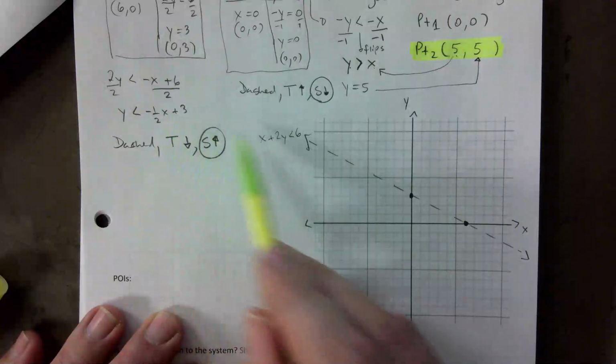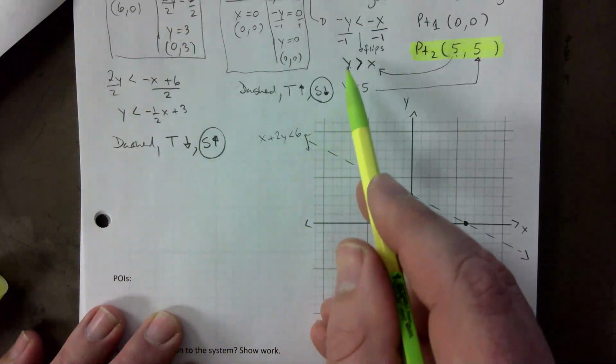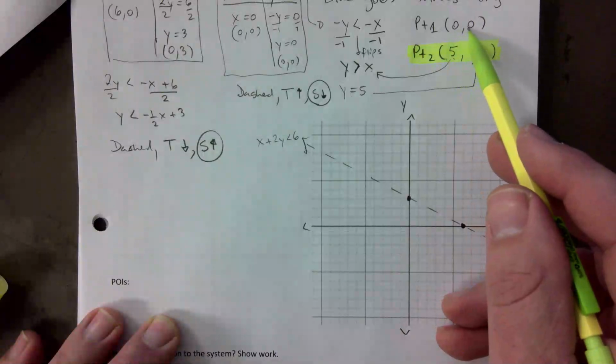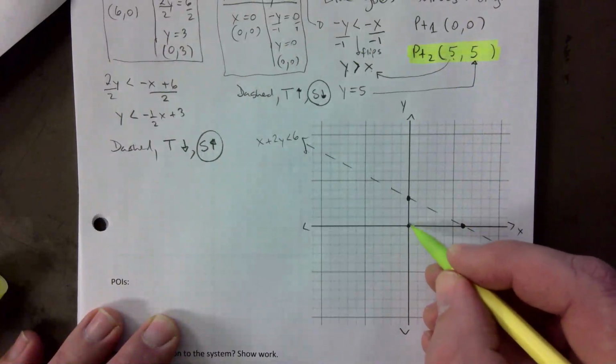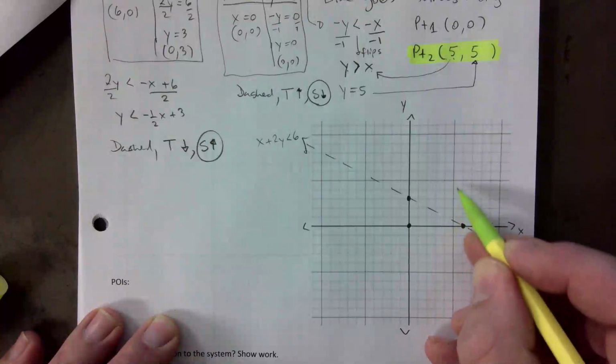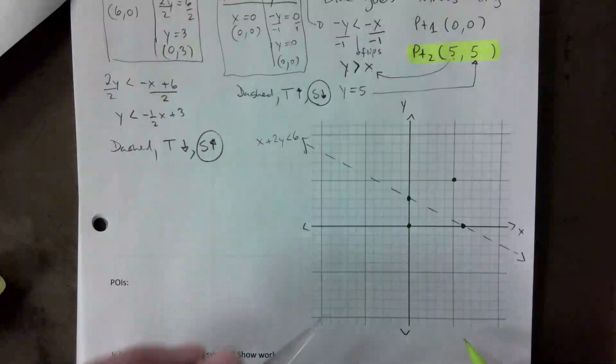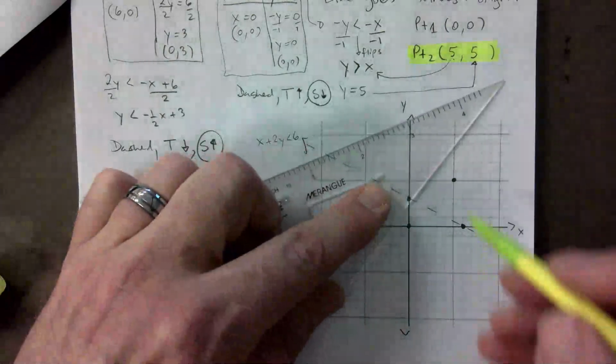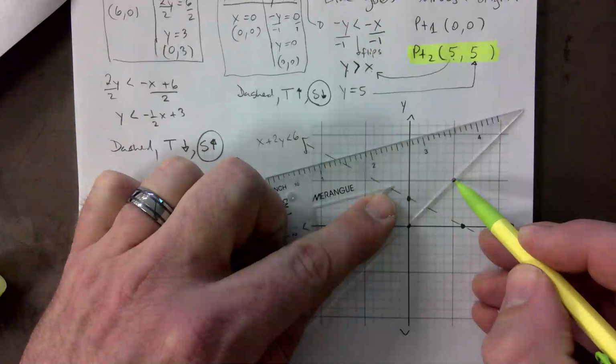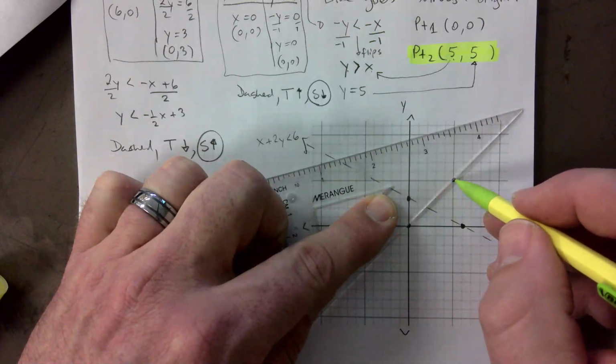So this is the first line here, and then this one is my second, and I'm going to use these points here, 0, 0, and then 5, 5. That's also dashed.